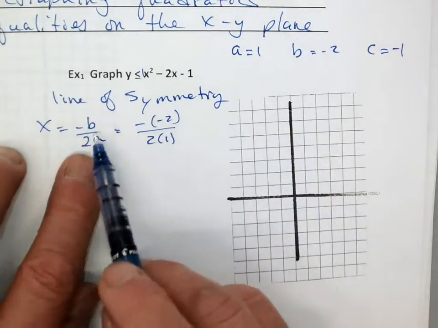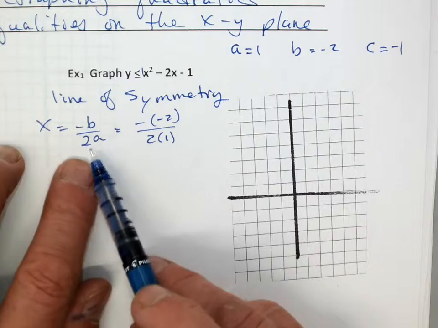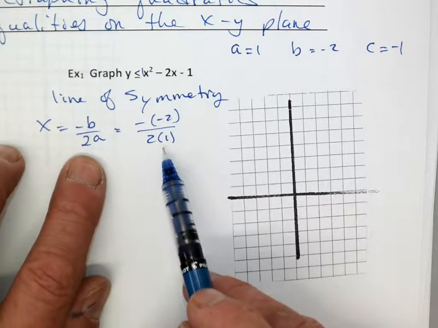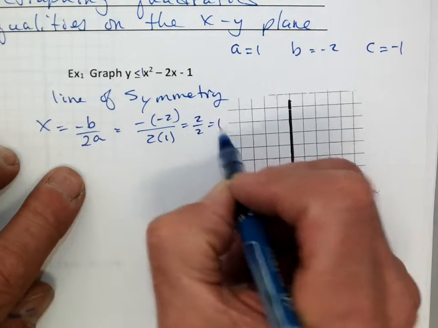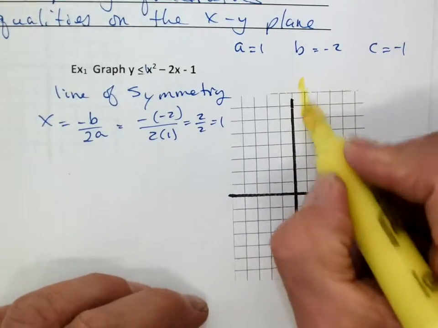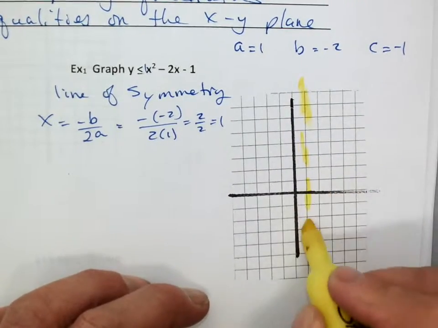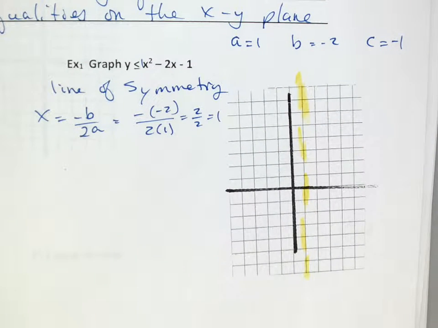Negative b is negative 2, so negative 2 goes here, 2 times a, 2 times 1. That's a double negative, so I got a 2 over 2, which is 1. So the very middle of the graph is at 1. I'm going to put in my line of symmetry right down through 1. So the middle of my graph goes there.